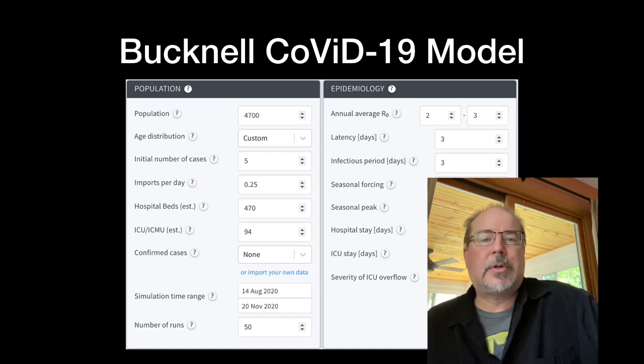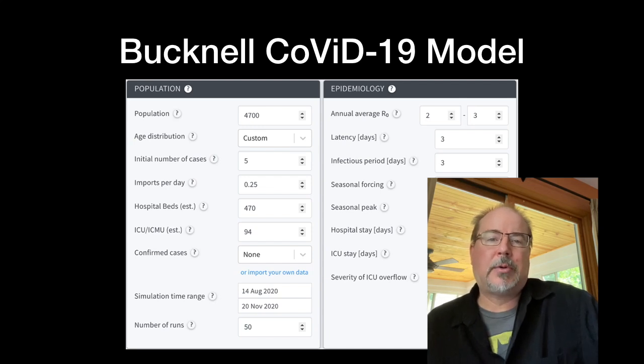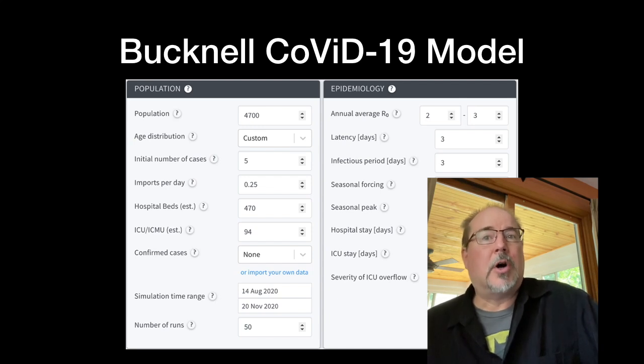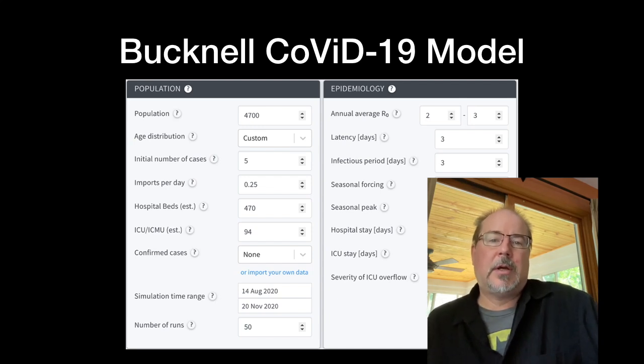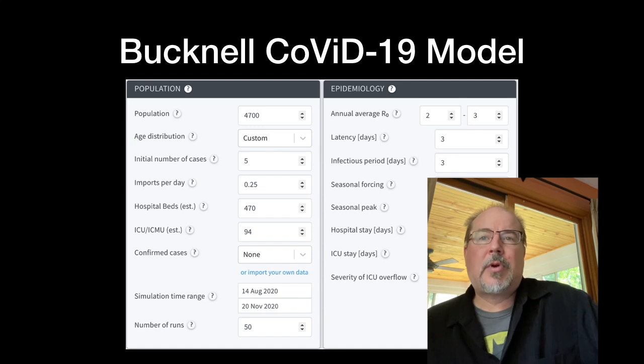That includes both students and the employees here at Bucknell, both faculty and staff. I've modeled an initial number of cases of 5. These are 5 people who arrive on campus or are already here who are infectious. This might be lower than that if we're able to very effectively screen, but it's probably a realistic assumption.